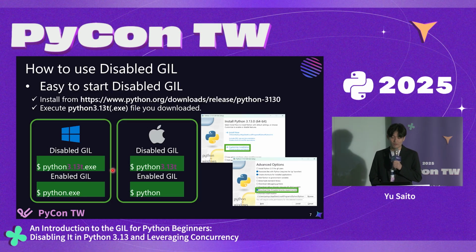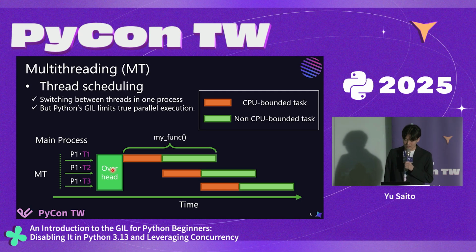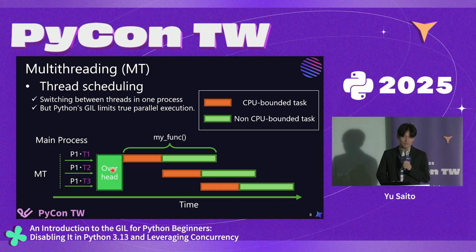Next, I will briefly explain the three important key terms necessary to understand this presentation. The first key term is multithreading. Multithreading is a characteristic of thread scheduling, and it allows switching between multiple threads in a single process.